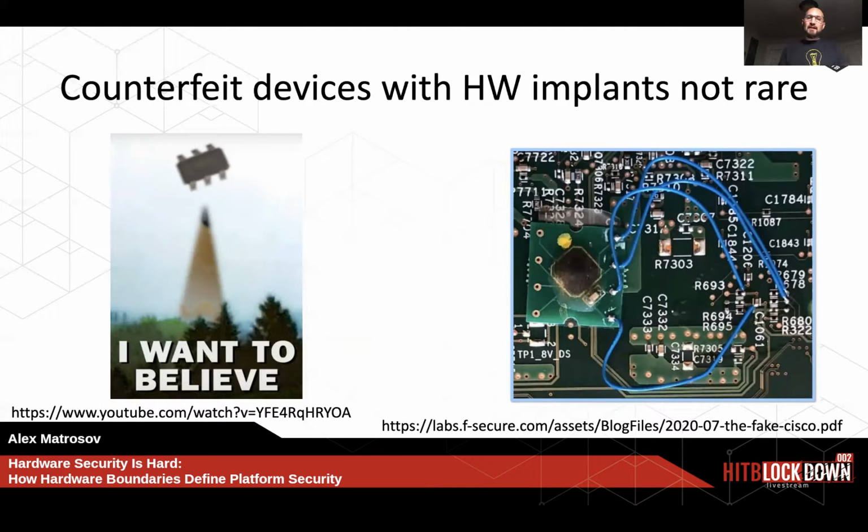Also, an interesting thing is when we have to deal with counterfeit devices with hardware implants. It is not a rare situation to see this kind of device show up in the market.